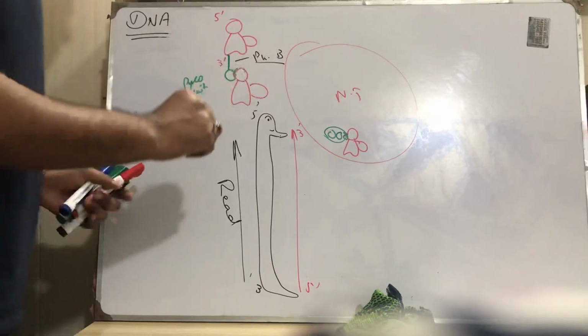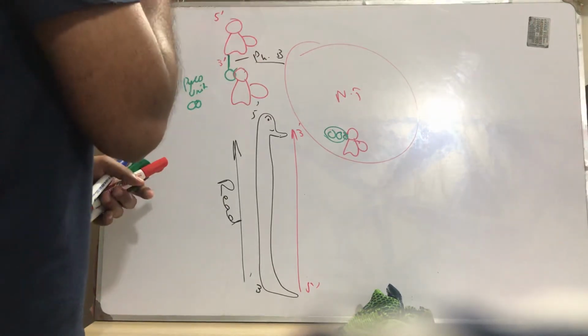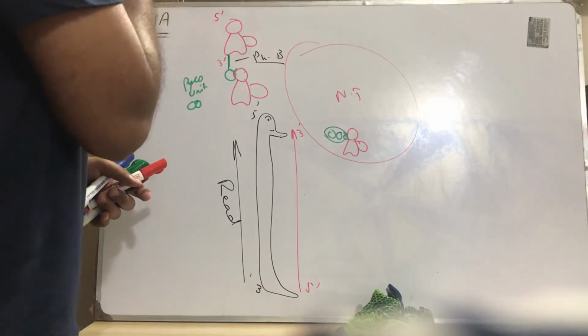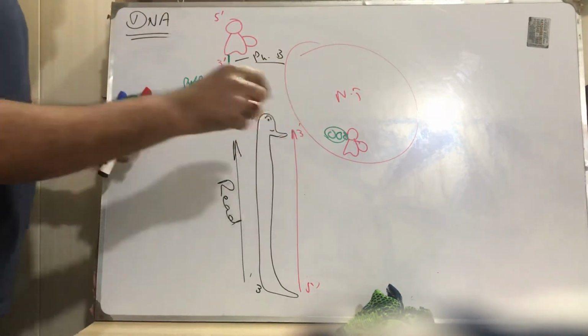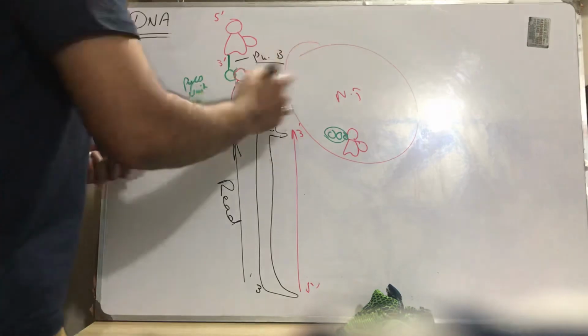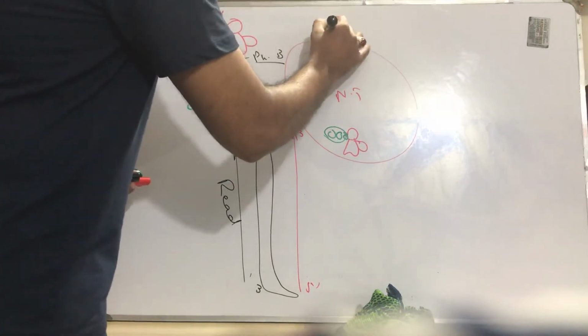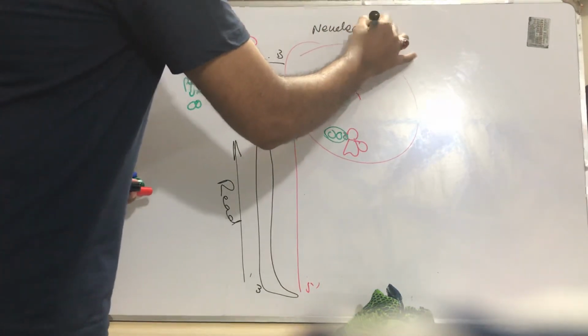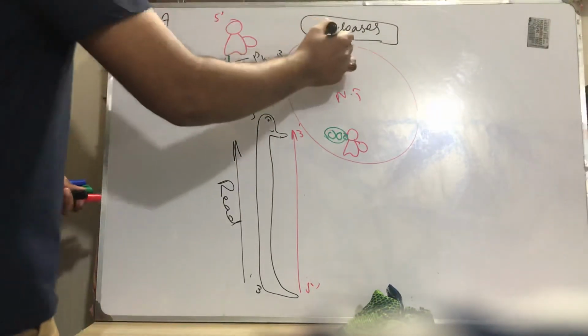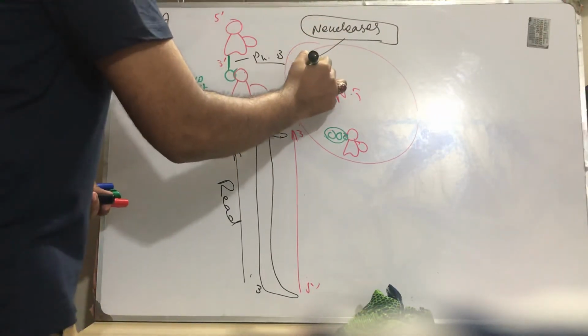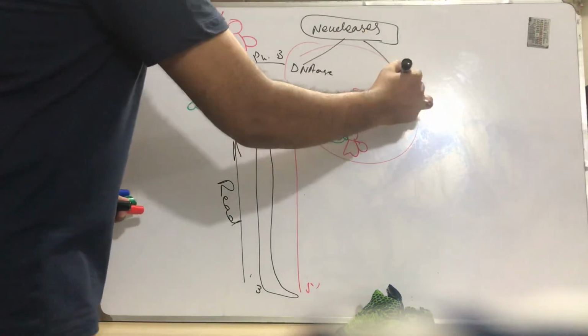Now one more thing I want to highlight: nucleases are the enzymes that cut the DNA. Only these enzymes can cut this bond. Those which cut the DNA are called DNases, and those which cut the RNA are called RNases.